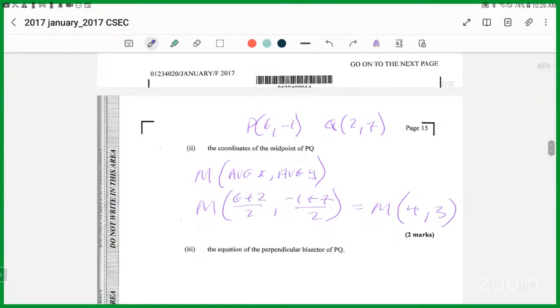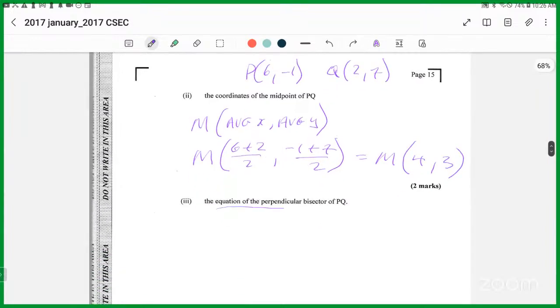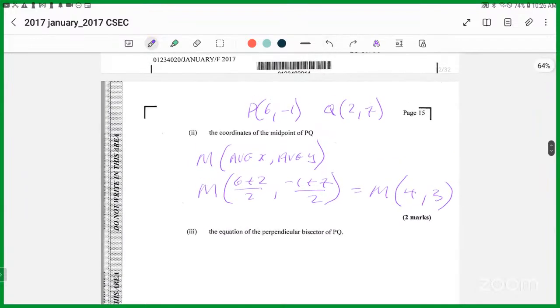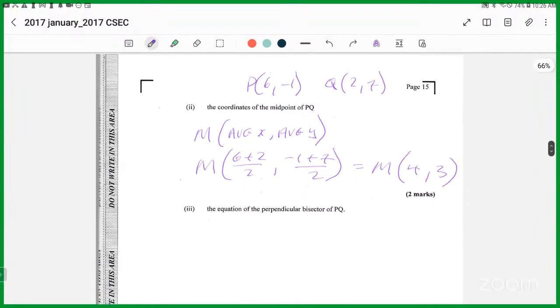All right. Next part says you have to find the equation of the perpendicular bisector of PQ. Let me do a schematic for you to see. So 6, negative 1, 2, 7. So you have the line like this. This is where Q is, and this is where P is.